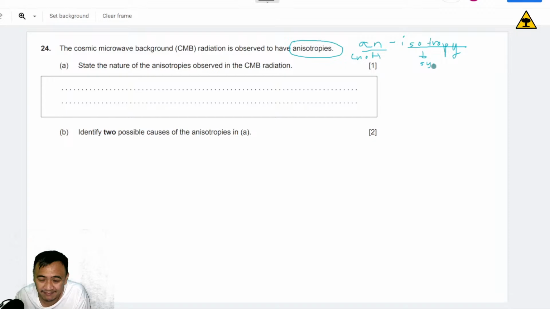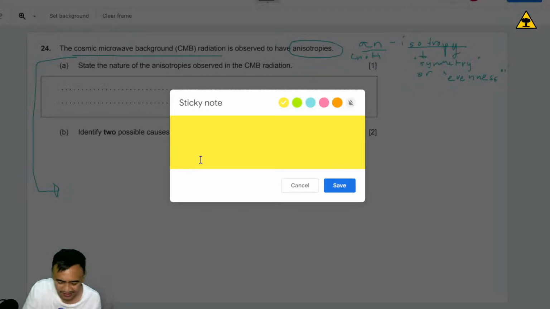Okay. Now think, if you think about this, where did the cosmic microwave background radiation come from? This is from the explosion, the Big Bang, right? Exactly. This is the black body radiation of the universe during the Big Bang.